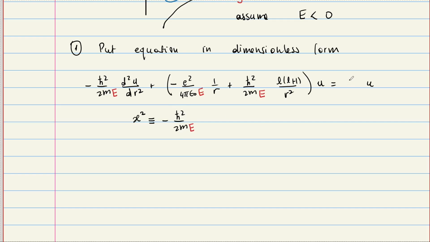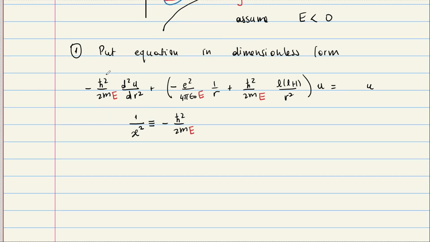So there was E here, I just took it here, and I defined this thing to be kappa squared, or 1 over kappa squared. So this is 1 over kappa squared. Then here, let's recognize the factors here. So this thing, h bar squared, r squared, is going to be called rho squared, right?